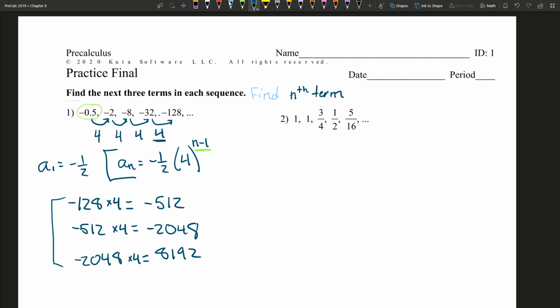Right. This next one is a little bit tricky, but if you take a step back and look at each individual term, I noticed these two terms right here. This is the third term, and the numerator is 3. This is the fifth term, and the numerator is 5. And then I noticed that each of these denominators are powers of 2.